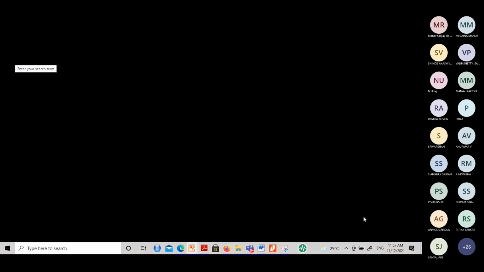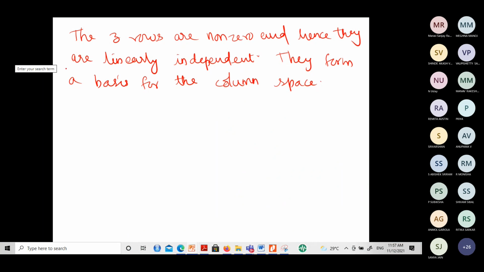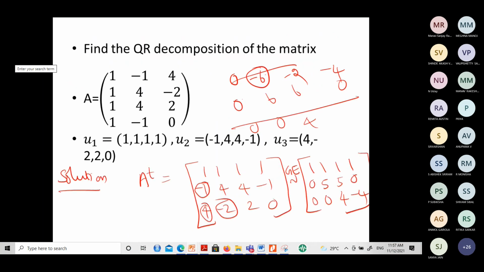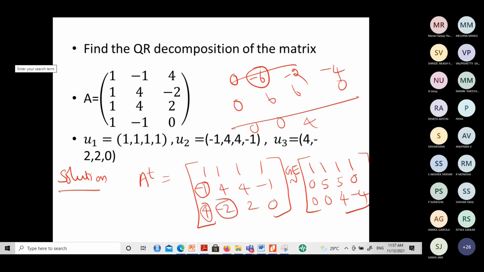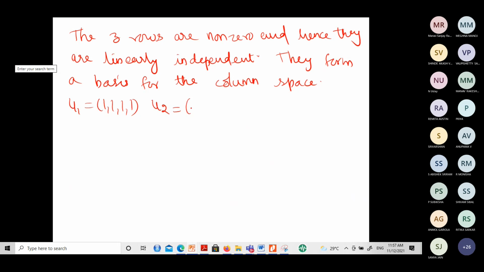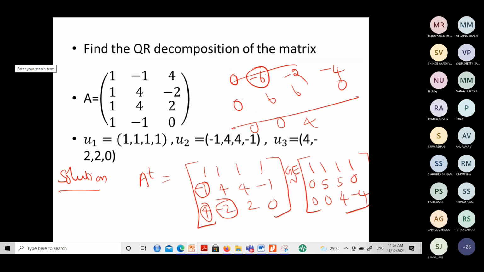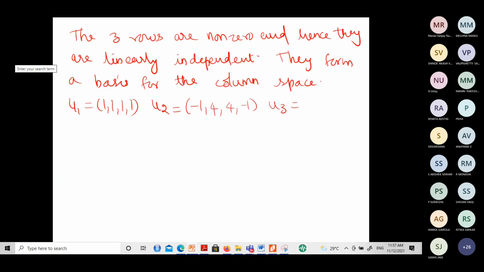So we have to go for the Gram-Schmidt orthogonalization process. Okay, tell me U1. We'll take the same U1, U2, U3 and proceed. What is U1? 1, 1, 1, 1. What is U2? Minus 1, 4, 4, minus 1. U3: 4, minus 2, 2, 0.